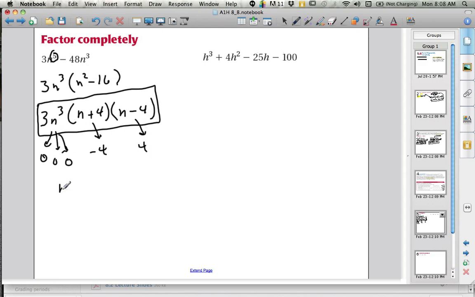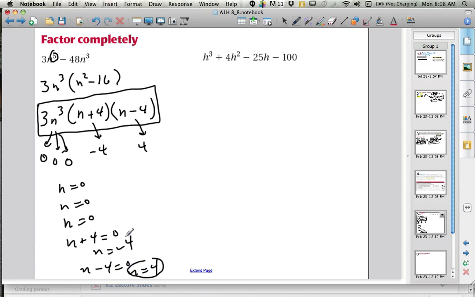So I had 3 of those. n is equal to 0, n is equal to 0, n is equal to 0. I have n plus 4. If I set that to be equal to 0, I get n is equal to negative 4. And if I have n minus 4 set to 0, I get n is equal to 4 as a solution. So these are all 5 solutions. And you'll see that when I factored it down, I have 1 solution for each of the n's. Okay, there were 3 of them here that all created 0.